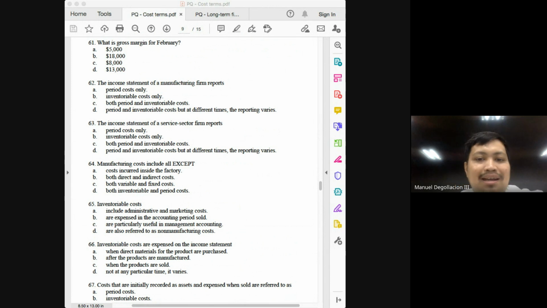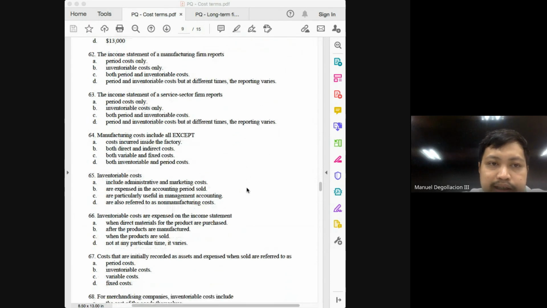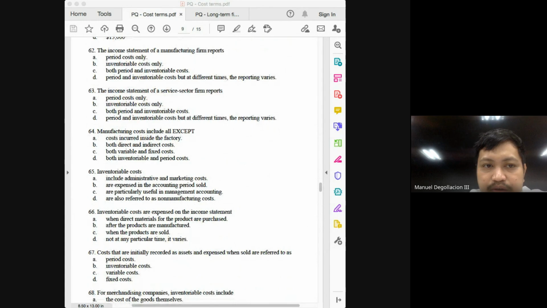The answer here would be letter C. 63, the income statement of a service sector firm reports... the answer here, class, would be period costs only. Since you do not keep any sort of inventory, class, you will not have any inventoriable cost.